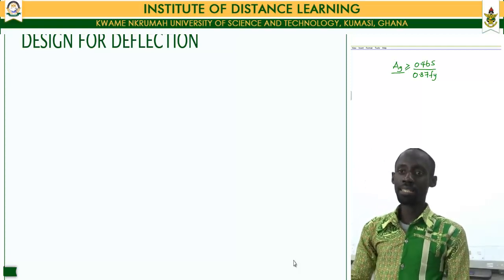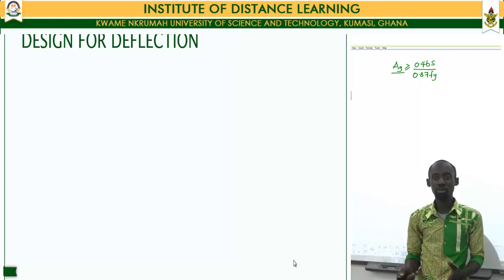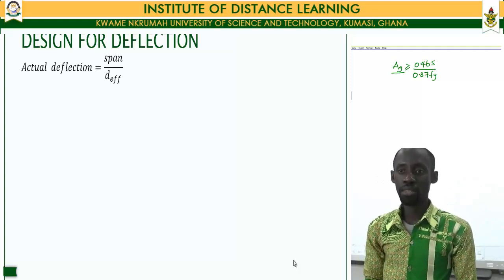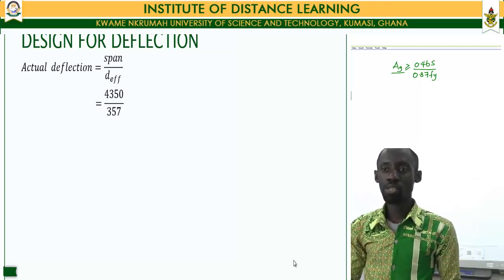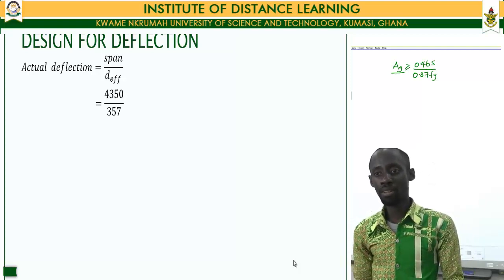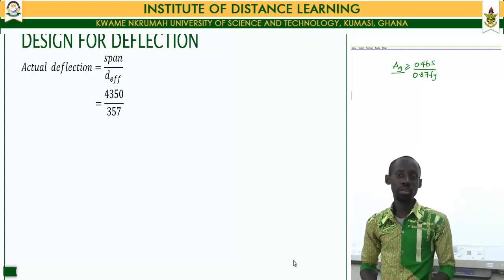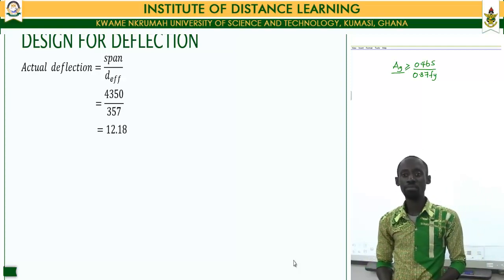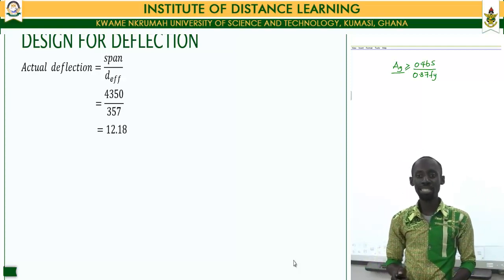As we did under the slab design, our actual deflection in our beam is given by our span to depth value, where our span we realized was equal to 4.35 and our effective depth was equal to 357 millimeters. Now, dividing the 4.35 by 357 gives us a value of 12.8.